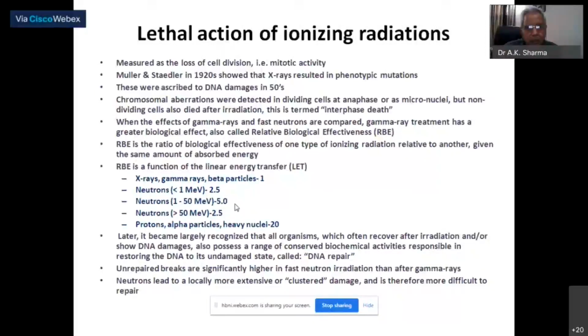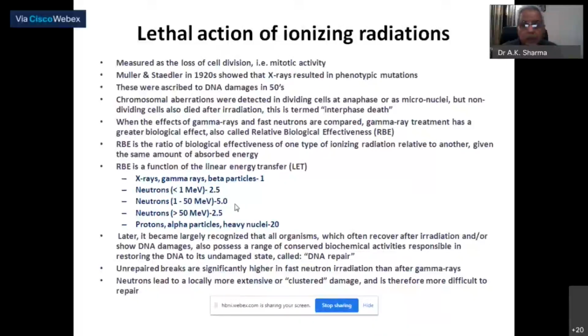Later, it became largely recognized that all organisms which often recover after irradiation and/or show DNA damages also possess a range of conserved biochemical activities responsible in restoring DNA to undamaged state. So, although cells or living organisms, when they are exposed to ionizing radiations, there is an inherent ability to come back to the normal behavior, unless a very high lethal dose is given.